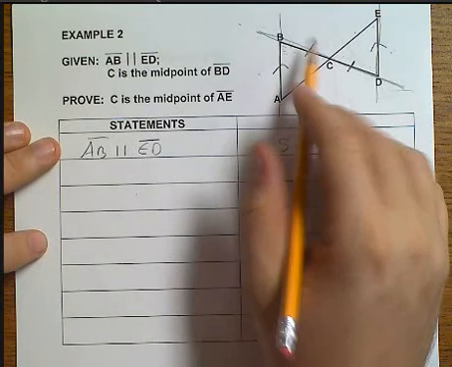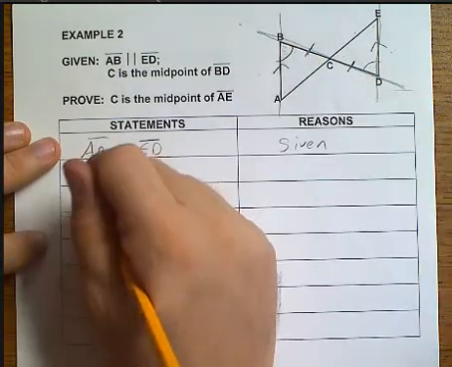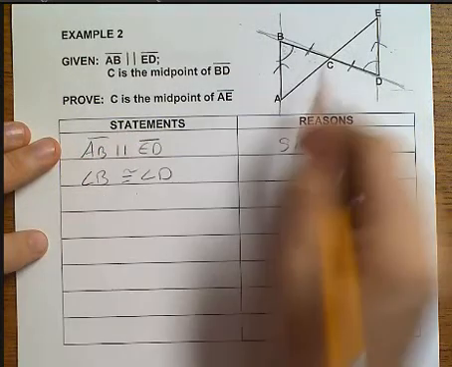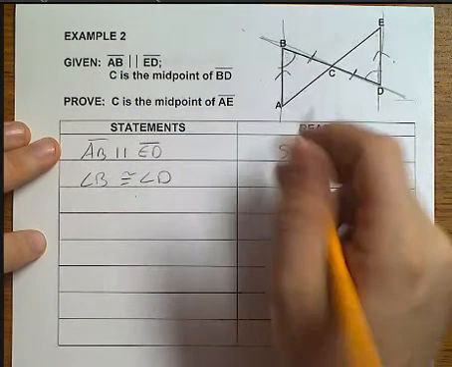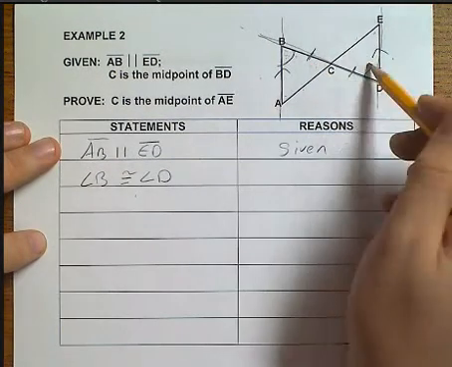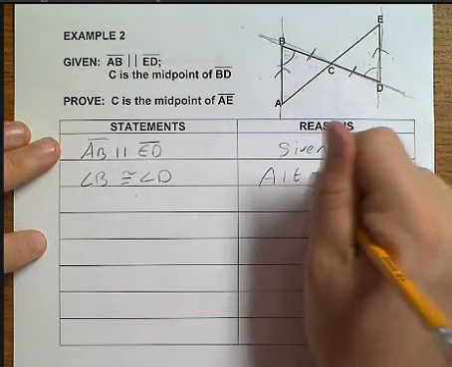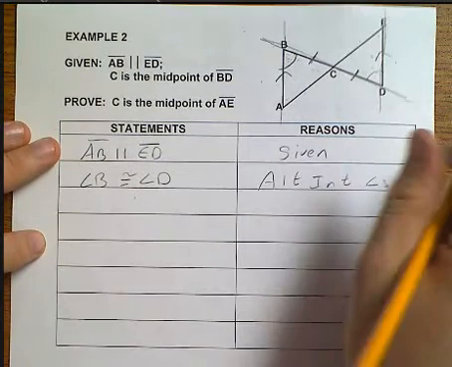So I'm going to mark my two angles, and I can really quickly name them: angle B congruent with angle D, because they're the only angles represented. And I know this because these are opposite sides of the transversal inside the parallel lines, alternate interior angles. Got my congruency statement.